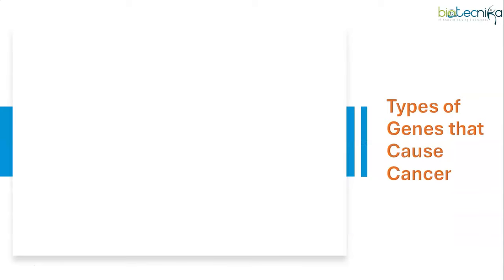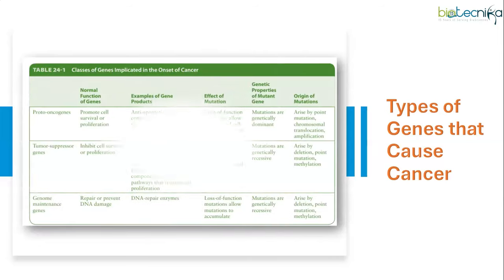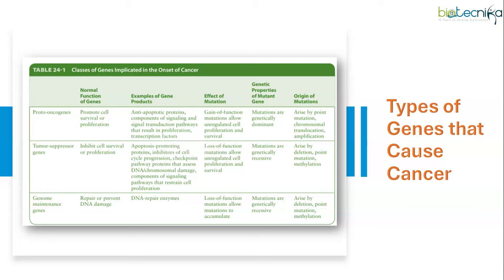Now let's look at the genes that are responsible for causing cancer. So we have three categories of genes. Proto-oncogenes, basically they promote cell survival and proliferation. Examples of such proto-oncogenes include anti-apoptotic proteins, proteins involved in signal transduction pathways, that is specifically the proliferation related signaling, or the transcription factors that are involved in the signaling.